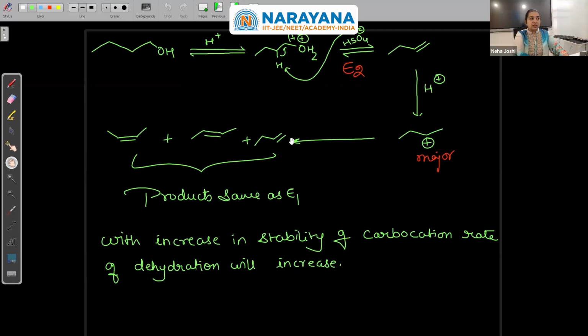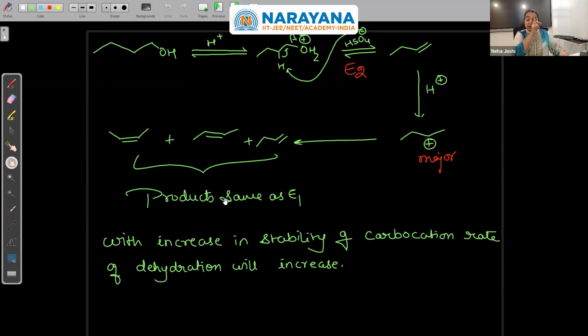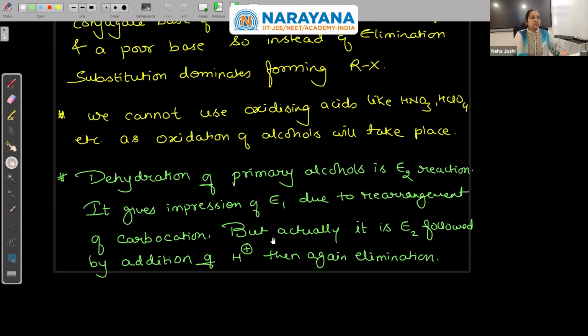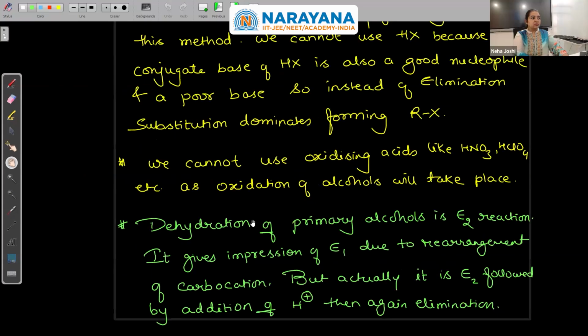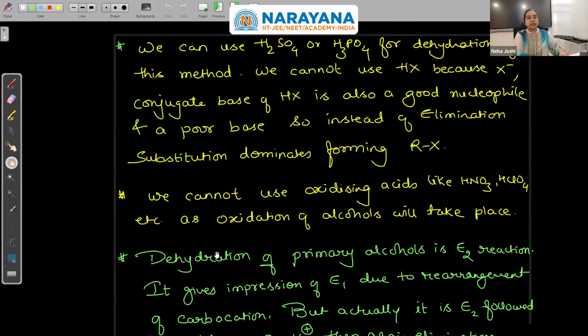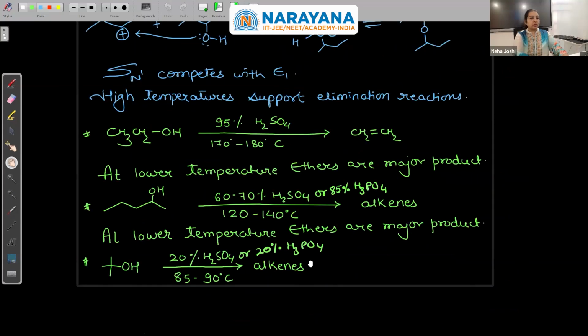Okay, so that is the confusing point, but the exact thing is for primary alcohols, it should be E2 followed by addition. Absolutely okay. For 2 degree and 3 degree, go by pure E1, but for 1 degree, go by E2 followed by addition.